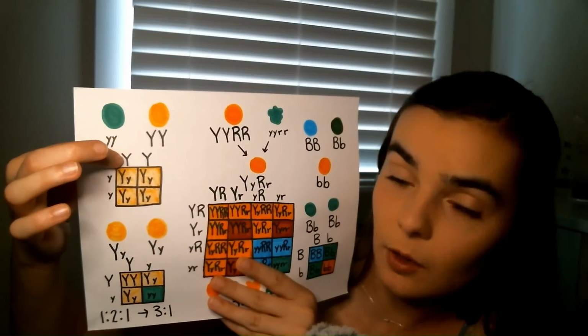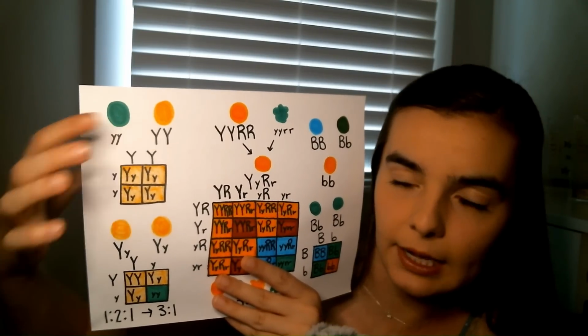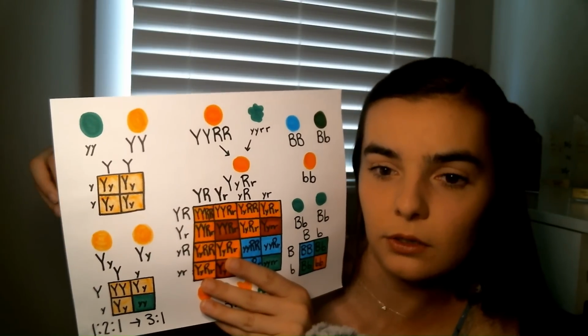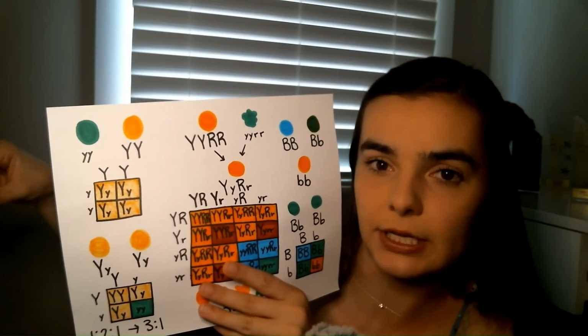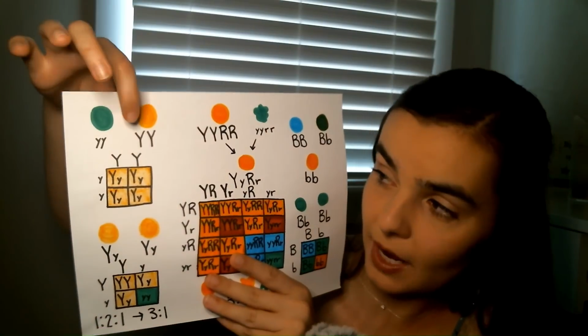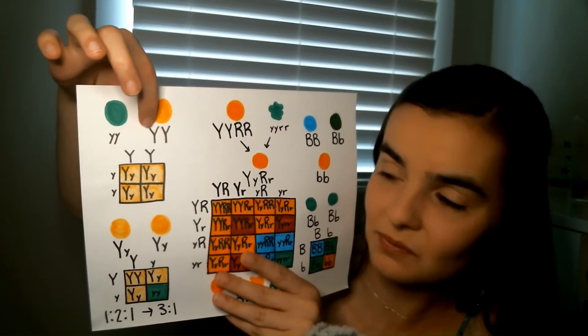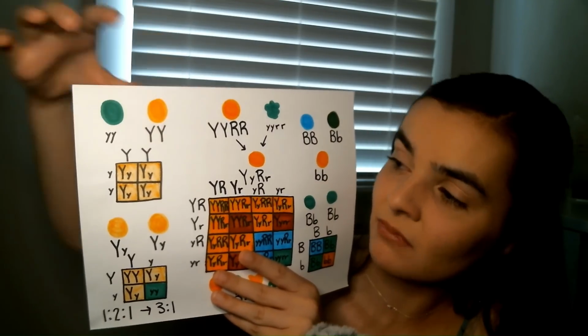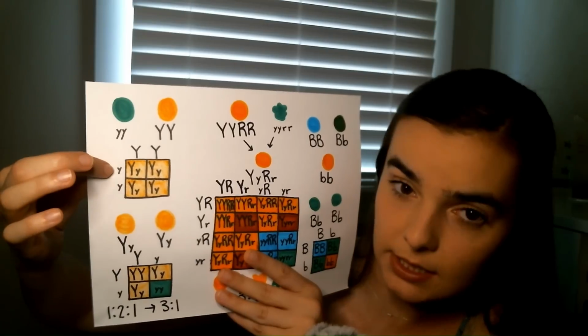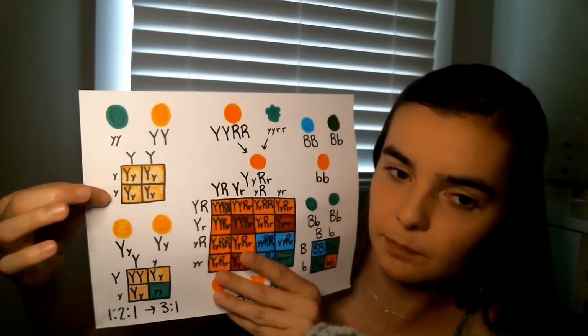We have a big Y and a big Y, because those are the two alleles, two genes that parent can pass on. They can either pass on this big Y or this big Y. And same with the green one, they can pass on this little y or this little y.